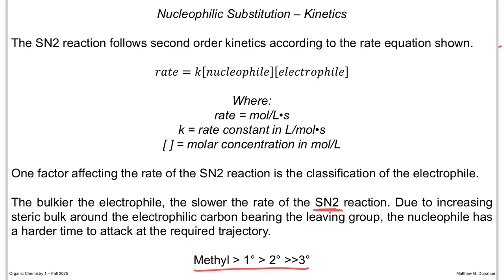And so we'll think about why that is, why that's observed experimentally. So you look at your starting material with the leaving group, you classify it. If it's tertiary, it's not going to undergo an SN2 reaction.